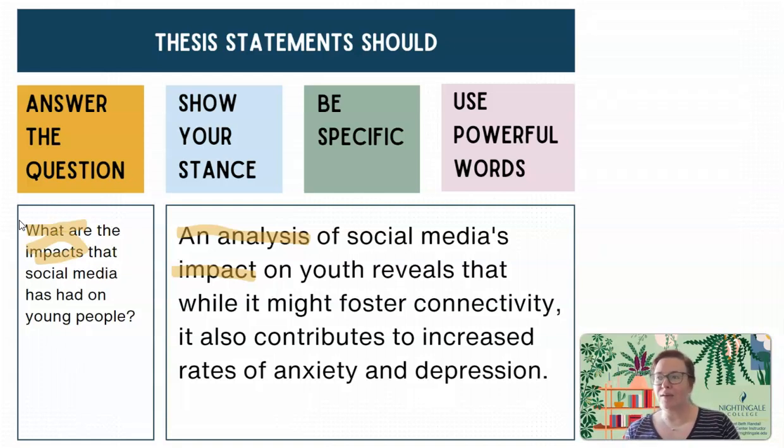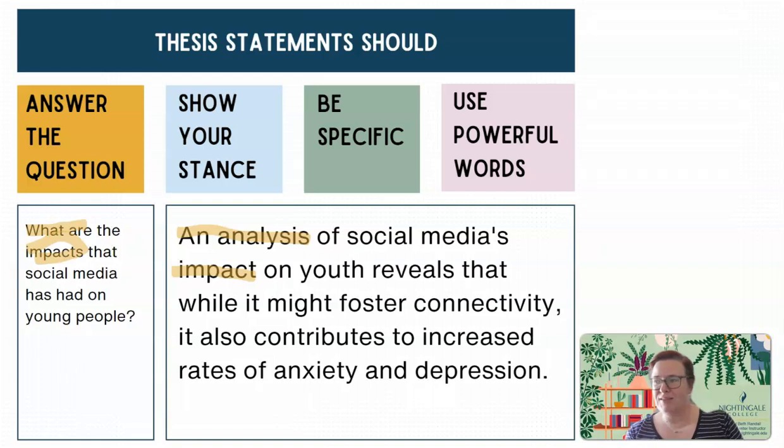This goes into the second part, which is show your stance. That means take an opinion and give it. We want to make it clear in the sentence what the opinion or what the argument that the author is going to make.